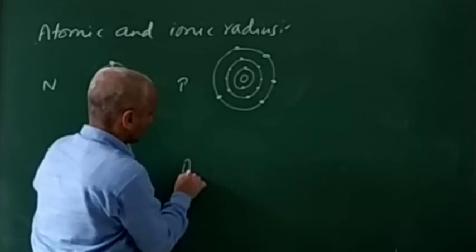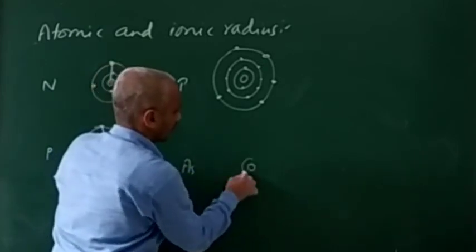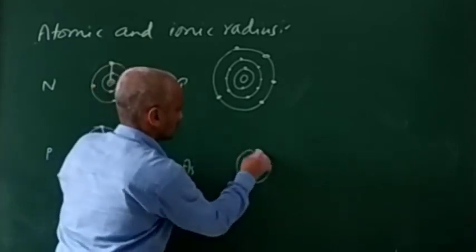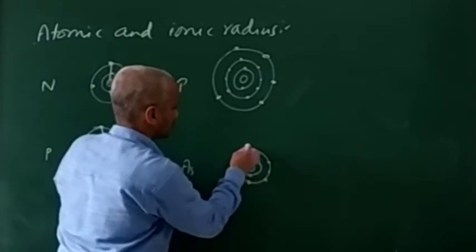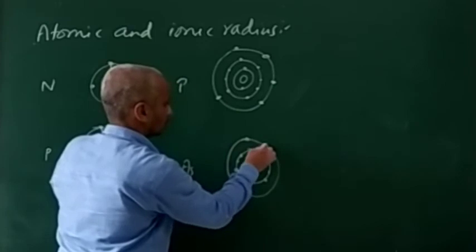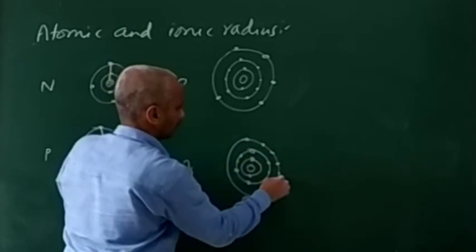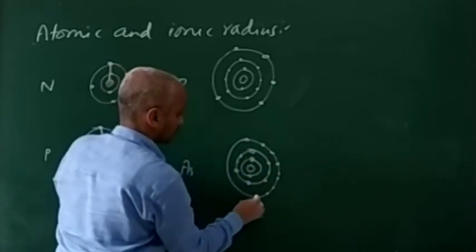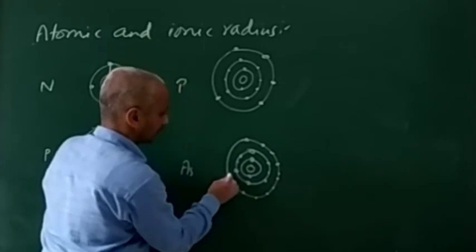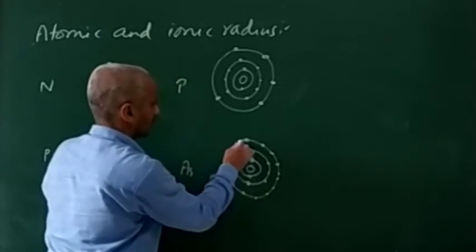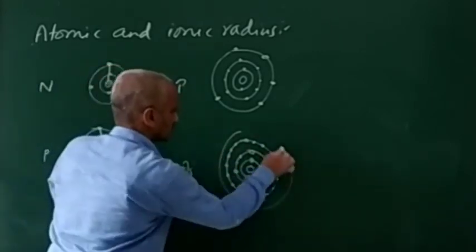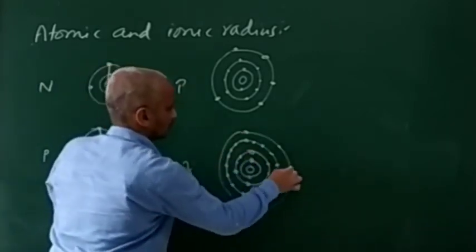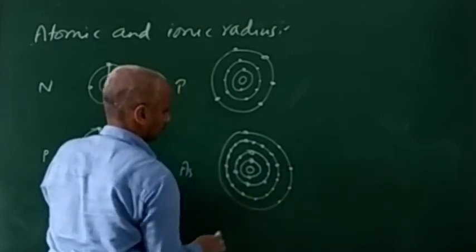Now, arsenic: 1s2, 2s2, 2p6, 3s2, 3p6, 3d1 to 3d10. Then you have 4s2, 4p3.